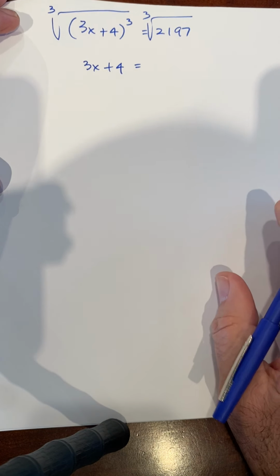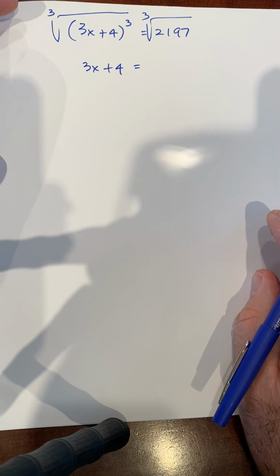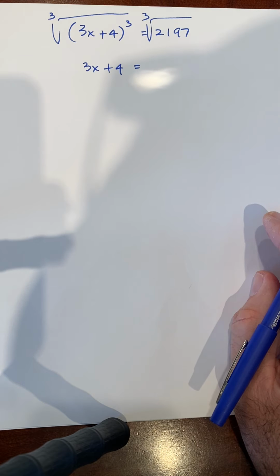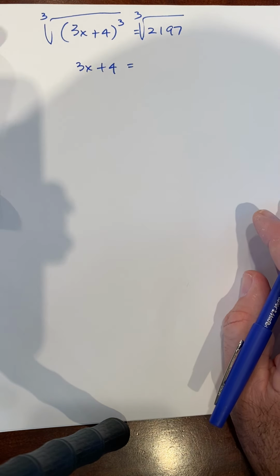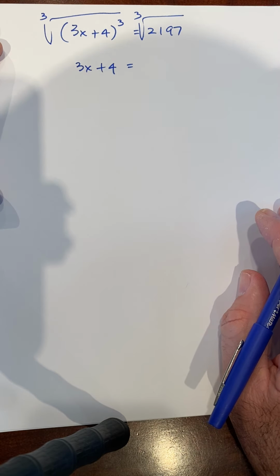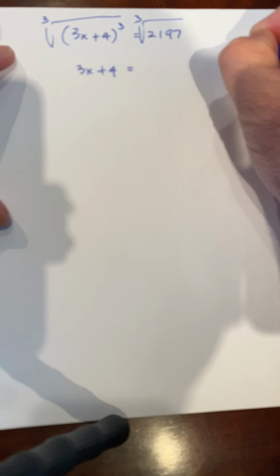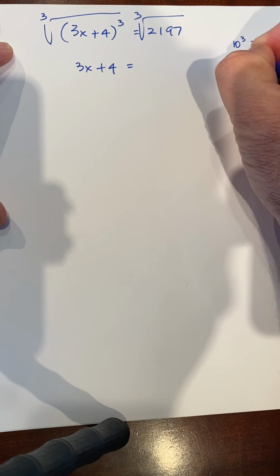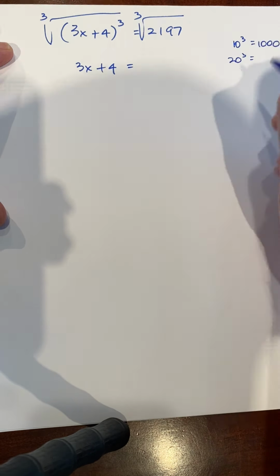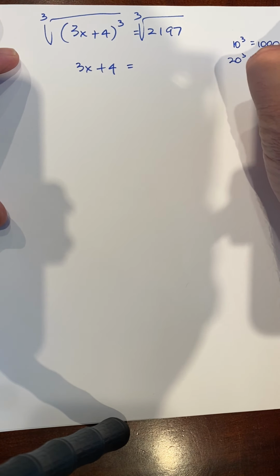I could always use a calculator, but watch this. Let's use our list of perfect cubes to figure this out. Okay, so first off, we know that 10 cubed is 1,000, and we know that 20 cubed, 2 times 2 times 2 is 8, that's 8,000.